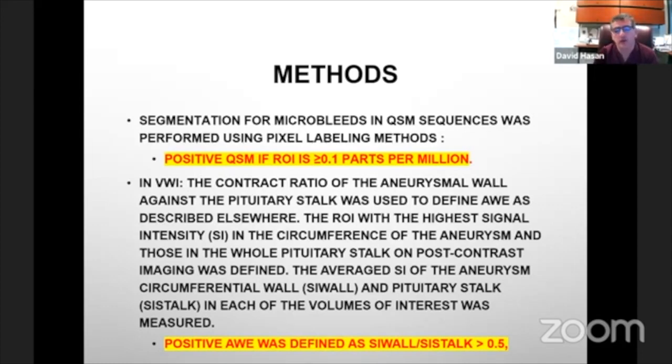We don't. We usually use the stalk ratio, which is the signal intensity in the wall divided by the signal intensity in the pituitary stalk, and we came up with a cutoff of 0.5. Anything above 0.5, and I will explain later why, we use as a positive indication that this vessel wall is enhancing.